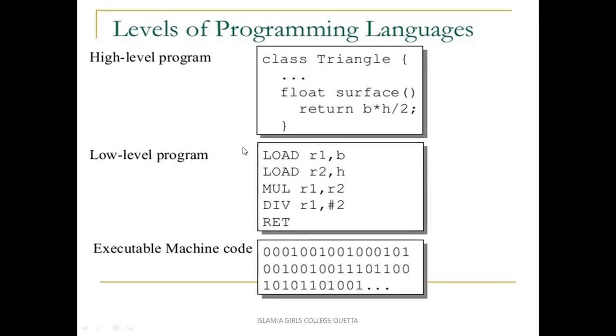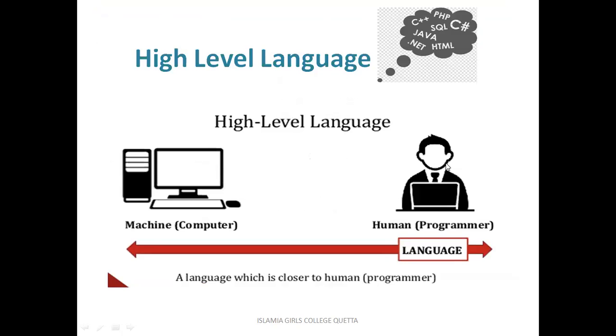So you can see in this example that the high level code is easier for humans to understand as compared to the low level program and the executable machine code. So the high level languages are closer to the human. This means that they are easier for the humans or the programmers to understand as compared to the machine or the computer.